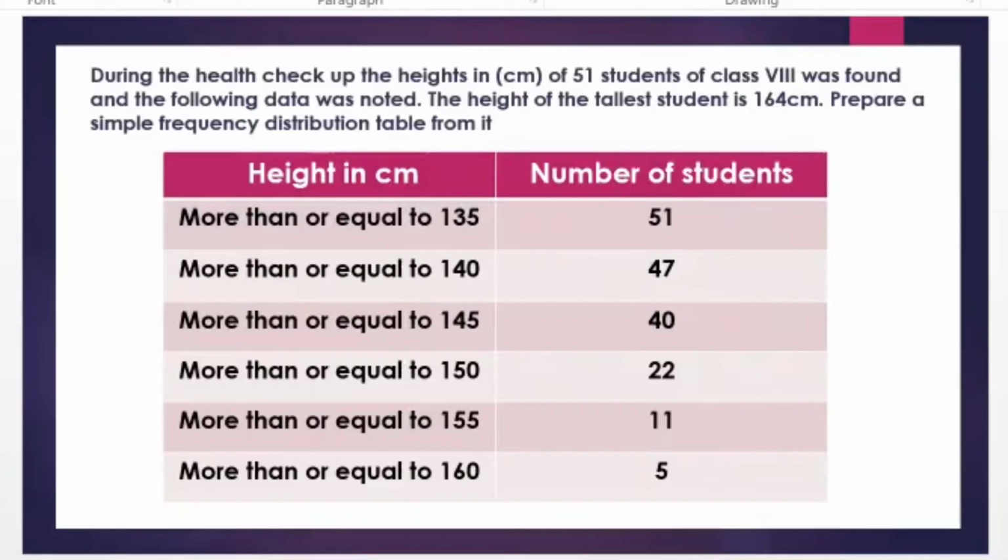But here, because they have stated in the question that the height of the tallest student is 164 centimeters, I can comfortably take my last class interval to be 160 to 165 centimeters.